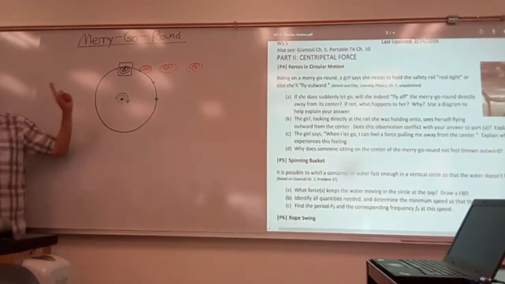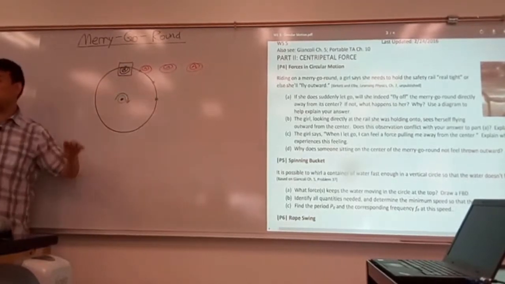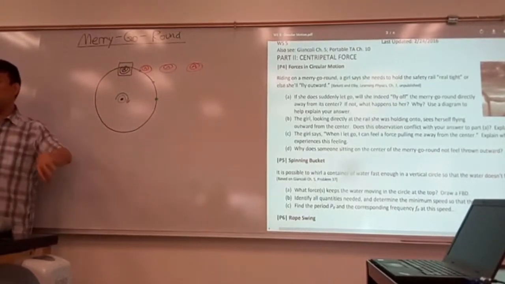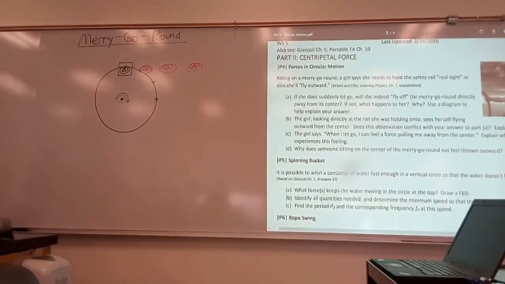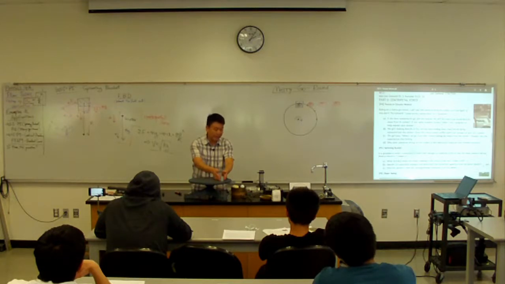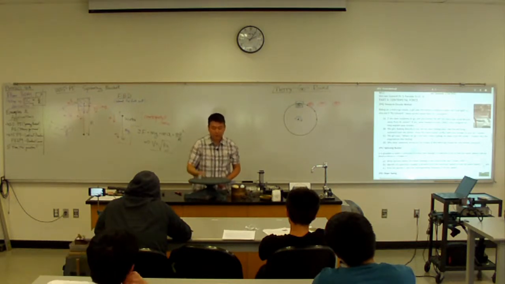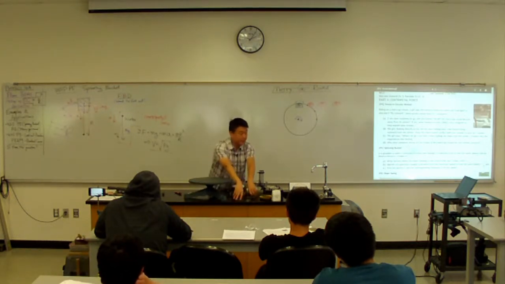So, in fact, if anything, she was going in a circle because she was applying the force, because she was holding on to it, or if you're describing this, because there's friction between Alice and this merry-go-round, Alice stays in a circle. If I move this fast enough so that the friction force is not enough, then Alice flies out.